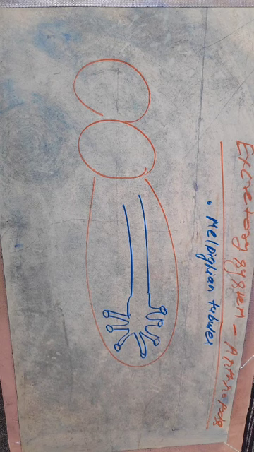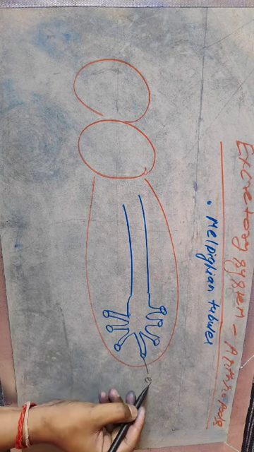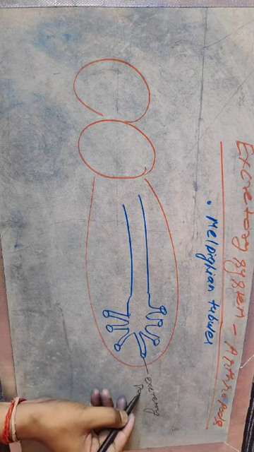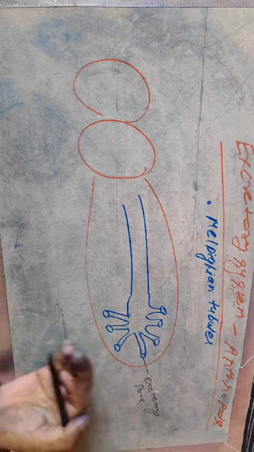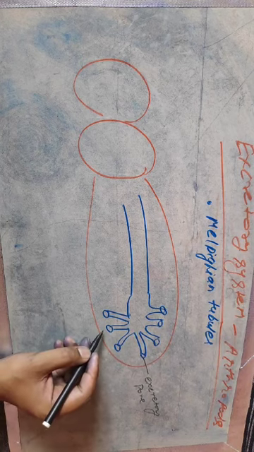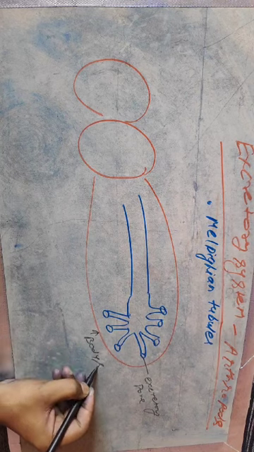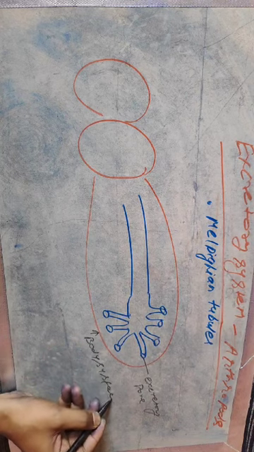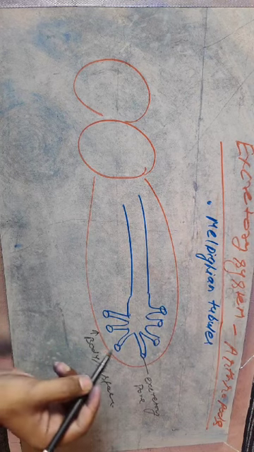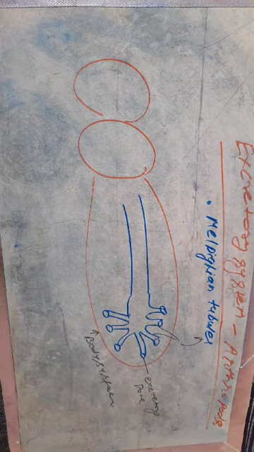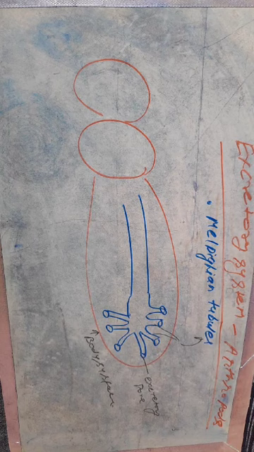That tube-like structure consists of pores, known as excretory pores, which open above the body surface. This tube-like structure is known as the Malpighian tubules, and it is a very important excretory organ in the phylum Arthropoda.